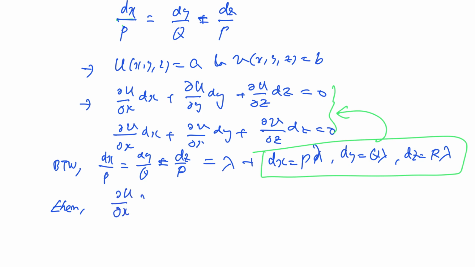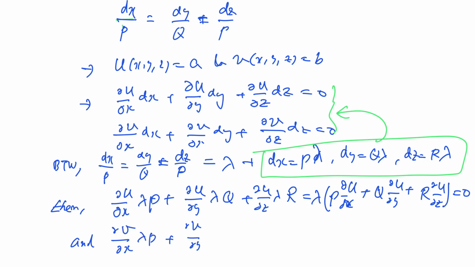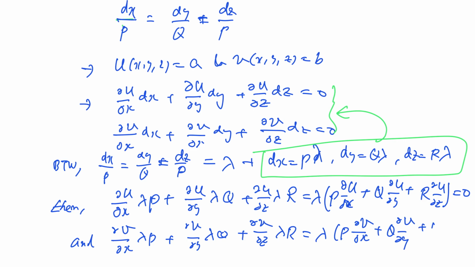∂u/∂x lambda P plus ∂u/∂y lambda Q plus ∂u/∂z lambda R, that is lambda times (P ∂u/∂x plus Q ∂u/∂y plus R ∂u/∂z) is equal to 0, and likewise ∂v/∂x lambda P plus ∂v/∂y lambda Q plus ∂v/∂z lambda R. So again, P ∂v/∂x plus Q ∂v/∂y plus R ∂v/∂z is equal to 0 for every lambda.